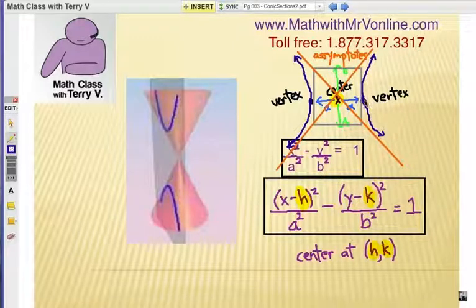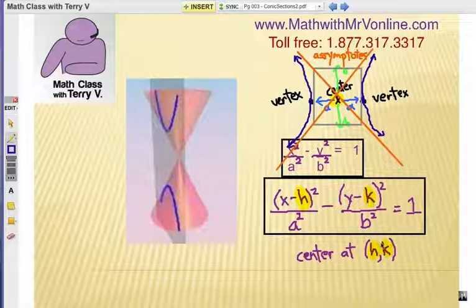From the vertex, the curve goes up and approaches the asymptote forever, never quite getting there, and the same going down and on the other side. So it's a set of curves that are a distances apart, and the a and b help provide the rectangle. If you can figure out where the center is and where the rectangle is, then you've got it.